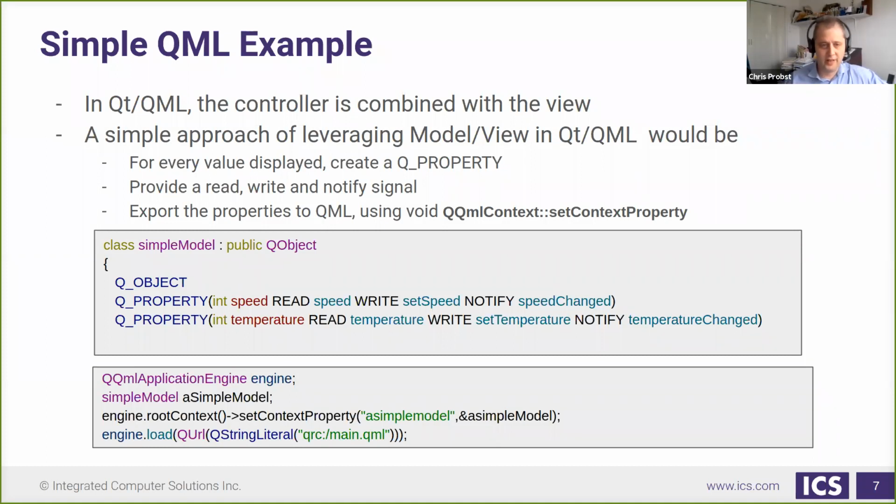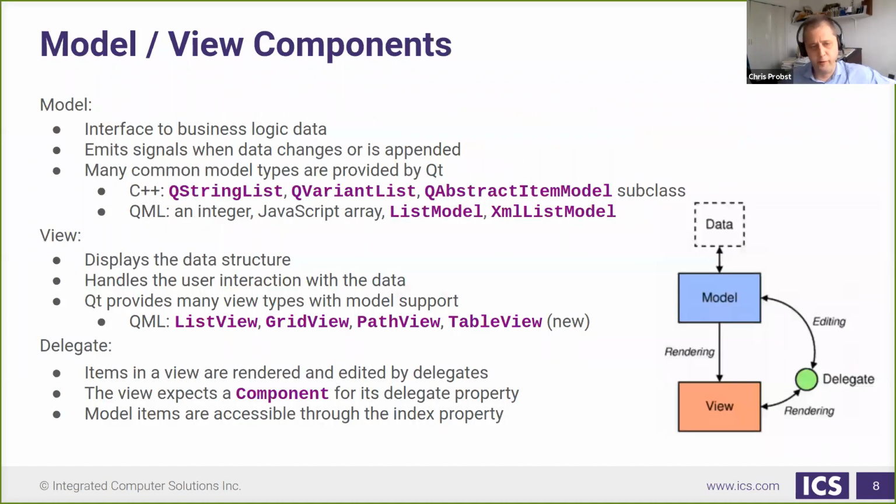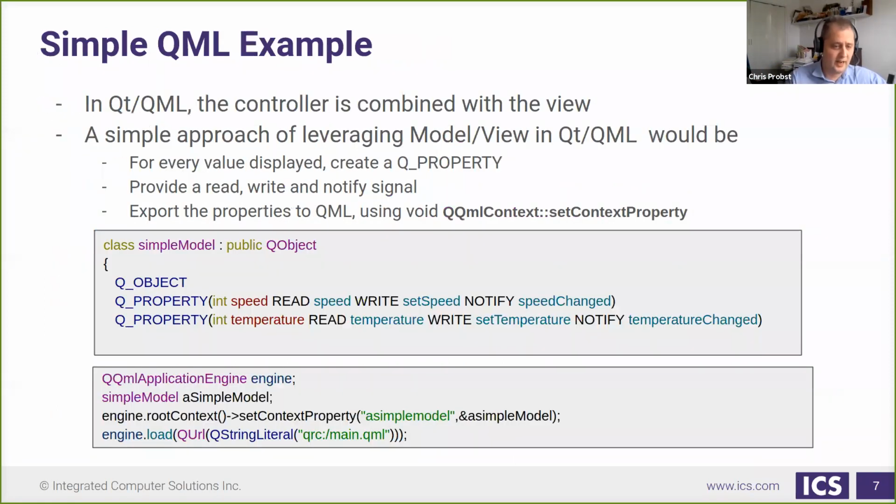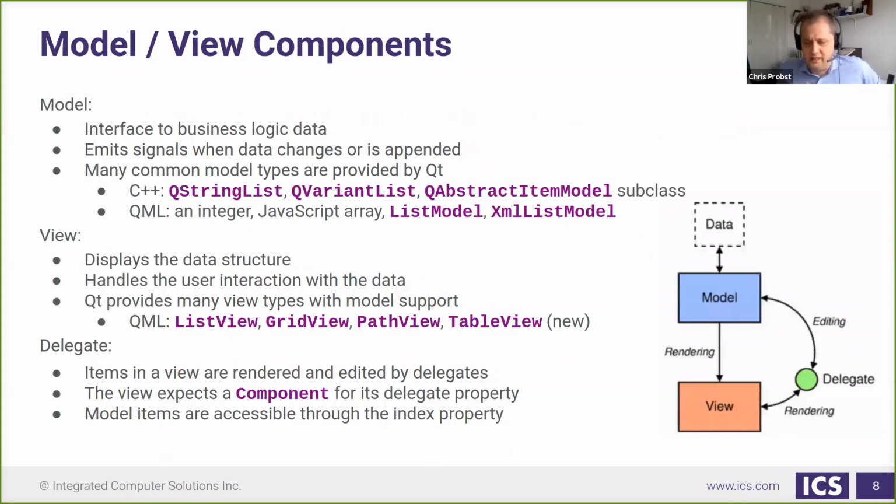So that's where what we refer to as model-view-delegate, which is really a framework within Qt, comes in, right? So the idea is, and this is where model-view is used explicitly, because in the previous example, model-view was used implicitly, but here it's really used explicitly. The idea here is that Qt Quick provides view classes that display the data.